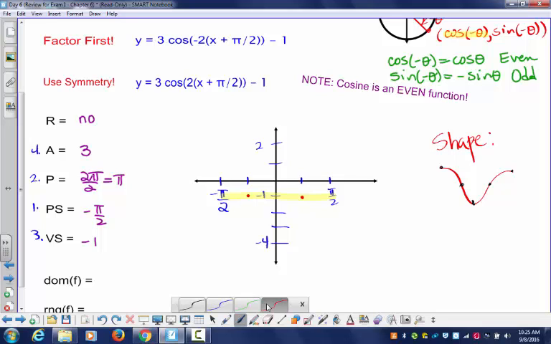So that means the middle will be right down there, and then the ends, the top edges of our wings will be right up there. So get that. There's our guide.